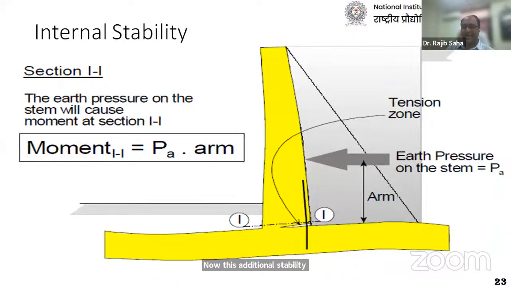If you see, it's a tall standing wall, and because of this pressure a huge bending moment is coming at the stem of the wall. You have to check whether this stress exceeds the flexural capacity of the stem material or section. That is called internal stability. Sometimes we miss it, and that may lead to a structural failure.